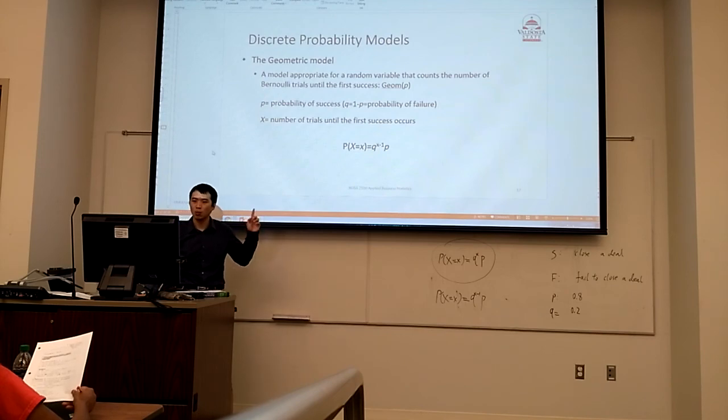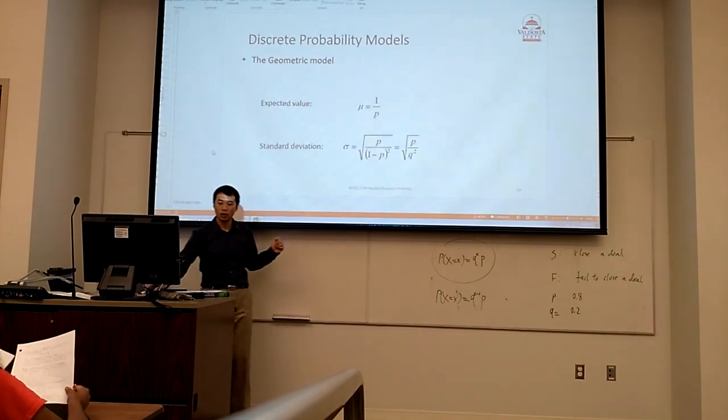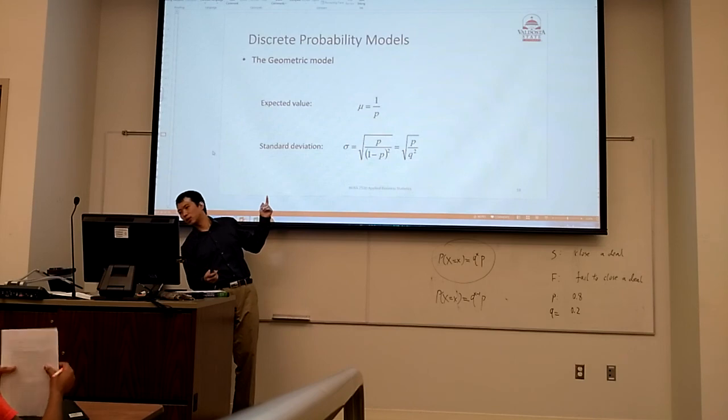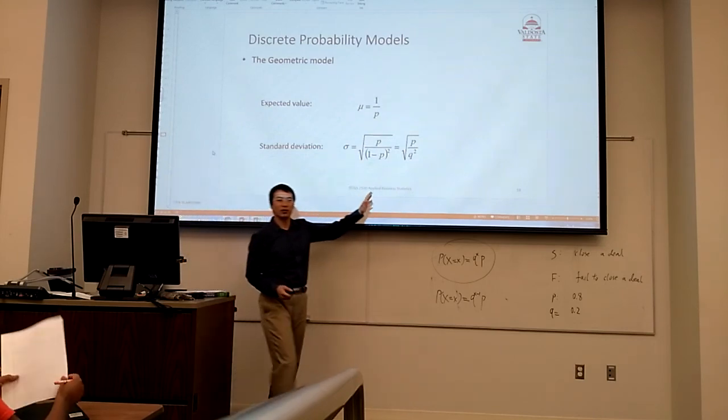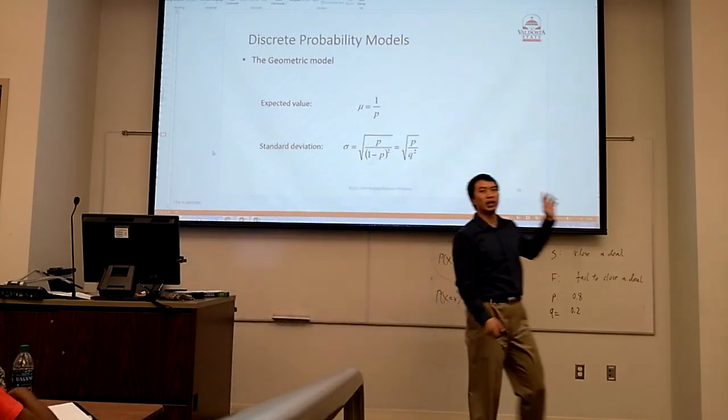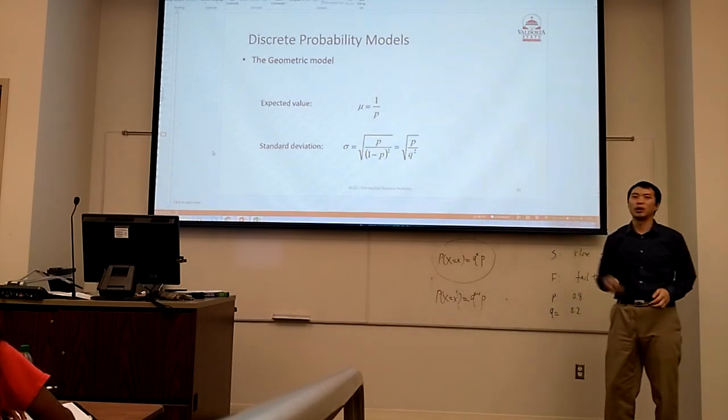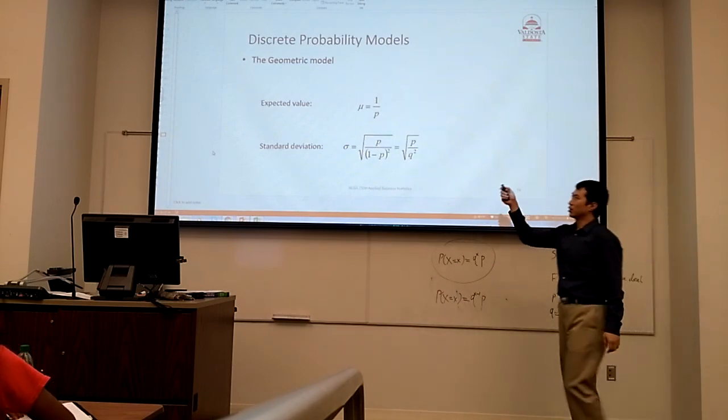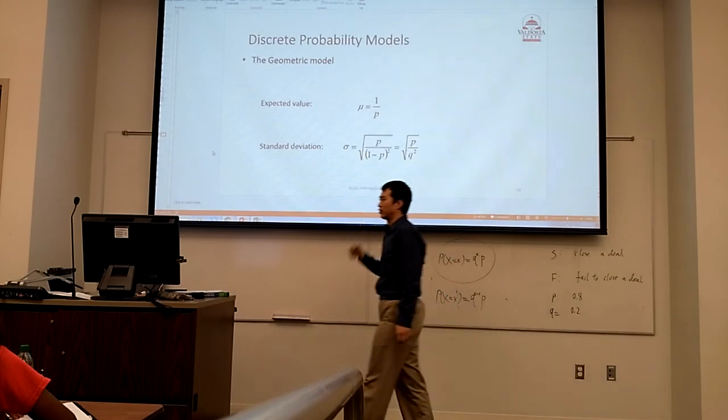So let's talk about one more model. Then I think we have the time for that. So let's finish this geometric model. Then we will be done. Okay? So some properties for this geometric model. Okay? So expected value and standard deviation.